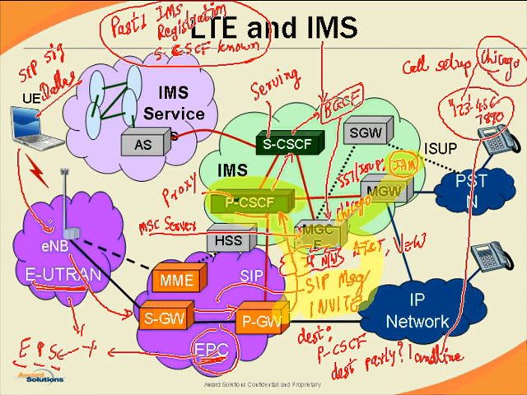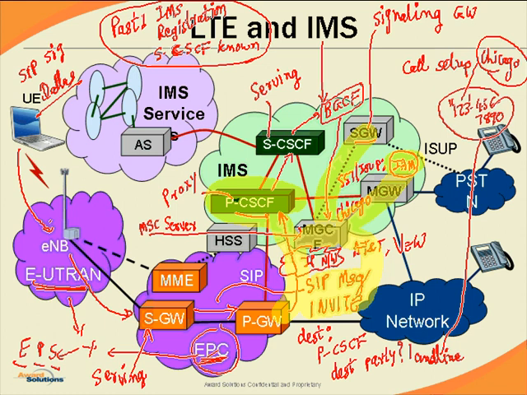Then that Initial Address Message over IP goes to the signaling gateway. And remember, this is different from the serving gateway. The serving gateway is here, inside the EPC, the LTE EPC. We are not talking about the serving gateway.